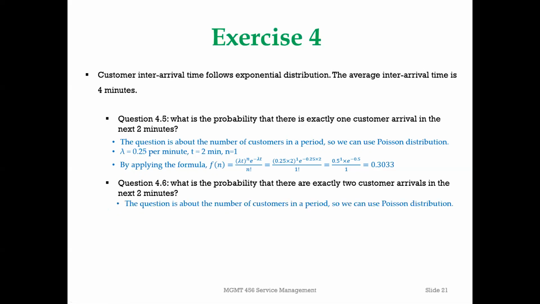We need 3 pieces of information: lambda is 0.25 per minute, t is 2 minutes, and n is 2 customers. We use the formula, plug in the 3 numbers, and get 0.0758. In other words, there's a little over 7% chance you will observe exactly 2 customers in the next 2 minutes. So that concludes the online session for chapter 12.